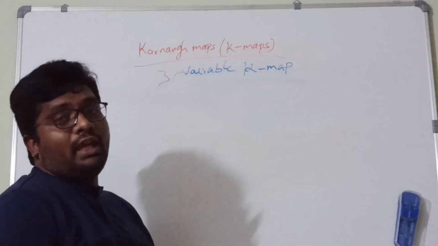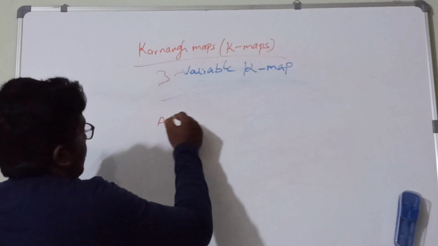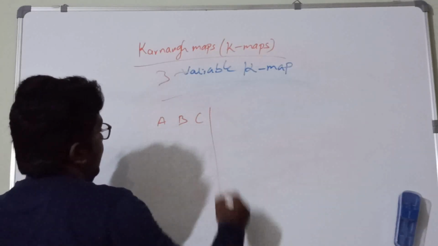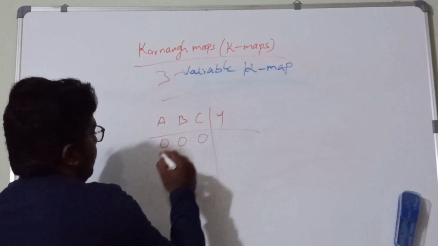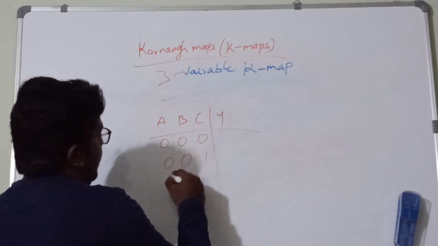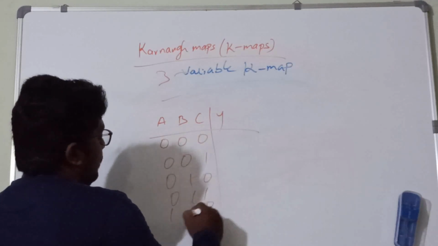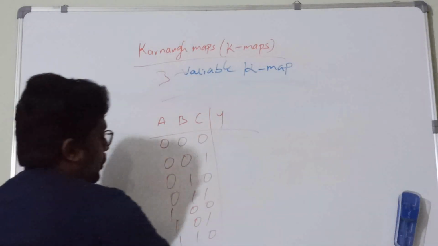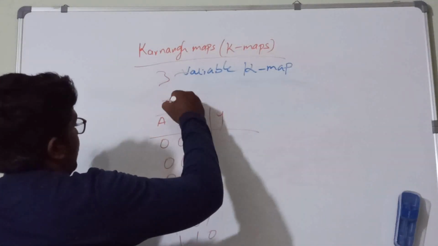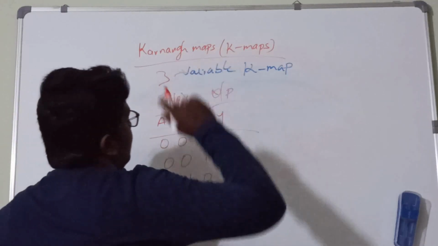For a 3 variable K-map, let us take the 3 variable truth table with inputs A, B and C, and the output Y. Here we have 8 possibilities: 0 0 0, 0 0 1, 0 1 0, 0 1 1, 1 0 0, 1 0 1, 1 1 0 and 1 1 1.